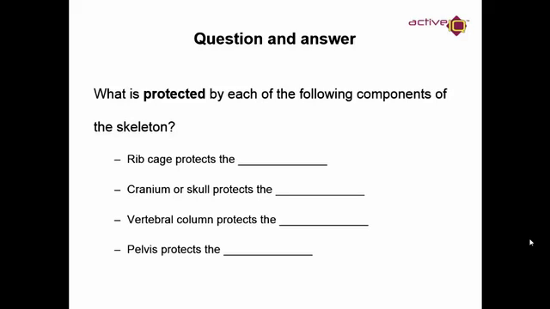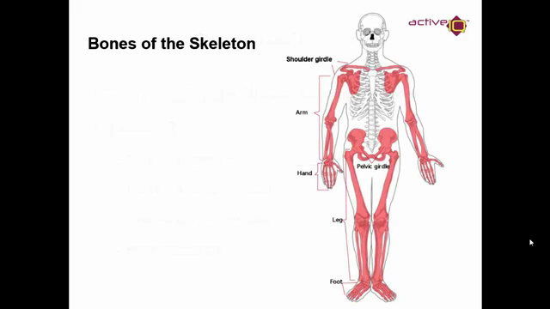Cranium looks after the brain. We can't do anything without the brain. The vertebral column looks after the spinal cord. We need the spinal cord to be able to function, to be able to move, to get around. And the pelvis protects the reproductive organs. Obviously, if we can't reproduce, we can't carry on the race, and we can't survive as human beings. And that's what the skeleton protects.